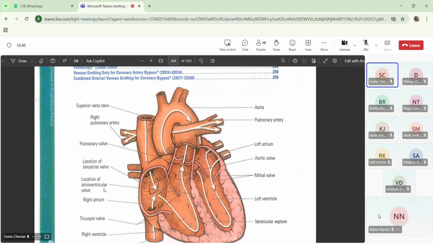A pacemaker is placed for patients who have a very slow heartbeat, which we call bradycardia. Patients suffering from bradycardia for so long need a pacemaker instead of a defibrillator.